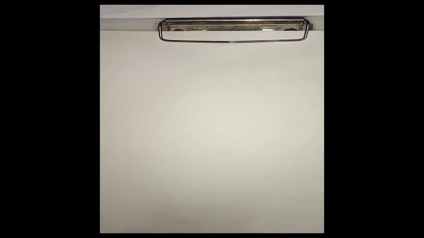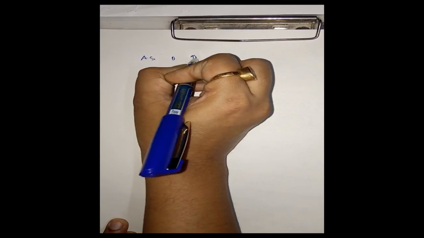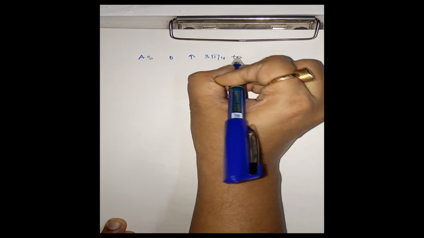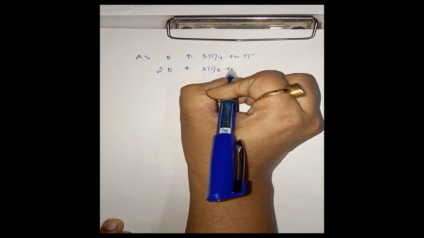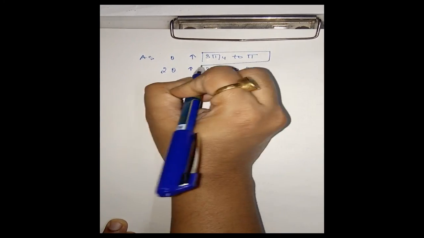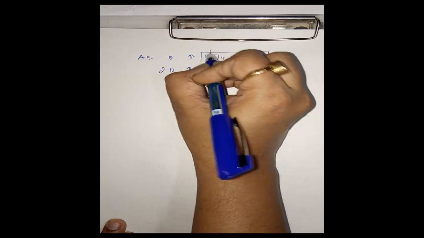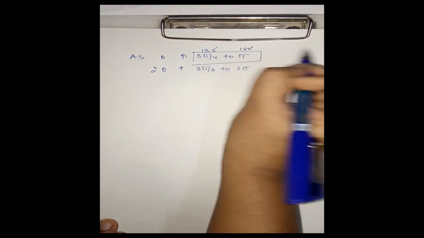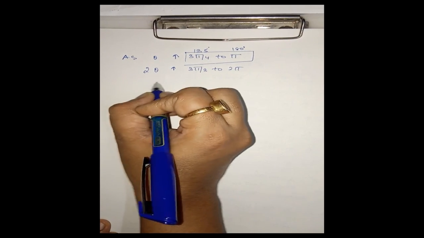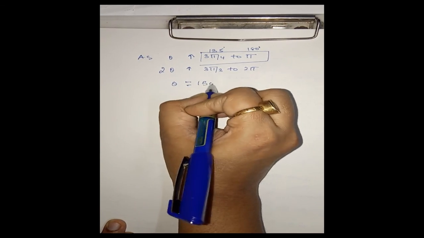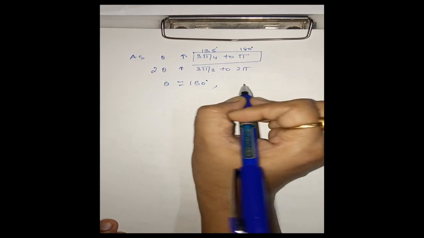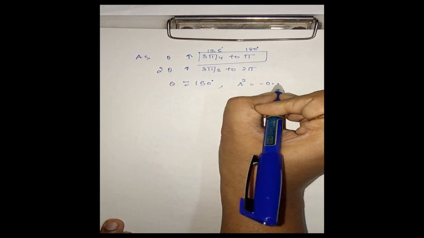Now we consider the interval 3π/4 to π. As θ increases from 3π/4 to π, 2θ increases from 3π/2 to 2π. For example, this is my 3π/4, which is 135, and this is my 180. If I take θ to be 150, then r² will be −0.87.